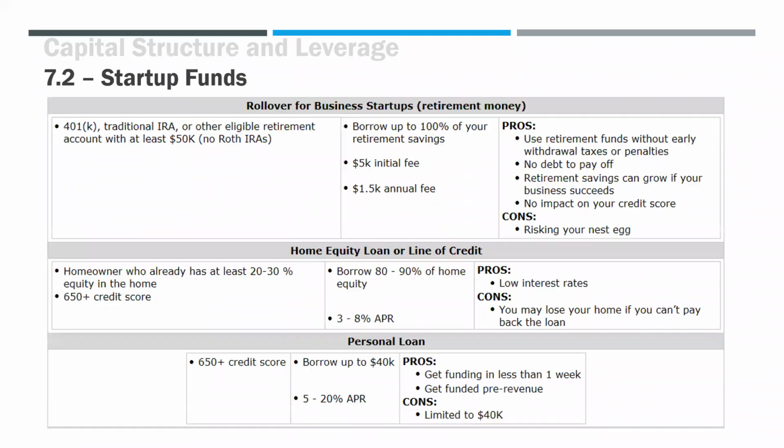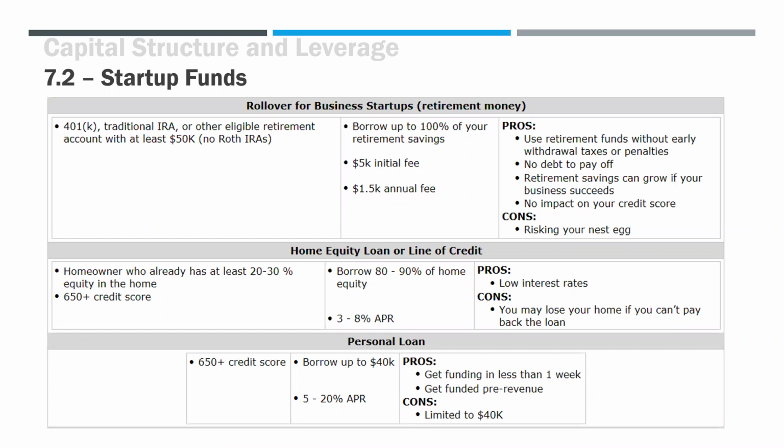So replacing the second section of the book that gets a little too technical, we're actually going to look at a different approach of looking at capital structure and talk a little bit here, starting about startup funds.